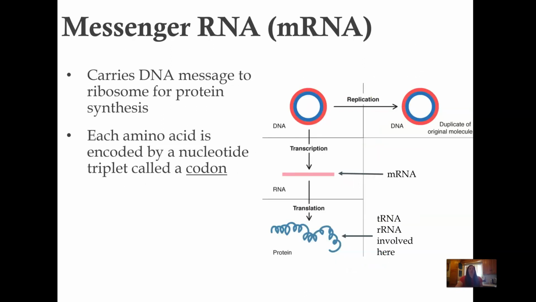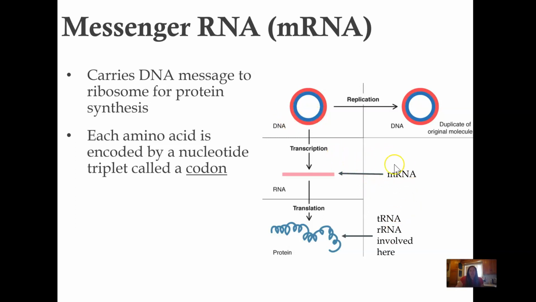All right, let's talk about messenger RNA, mRNA. Messenger RNA, again, is our copy. And I shouldn't call it a copy because it's not really a copy of DNA. It's a complementary copy of DNA. It's the complement of DNA. It's not an exact replica of DNA. It's a code that's based on the instructions and the sequence that DNA has.